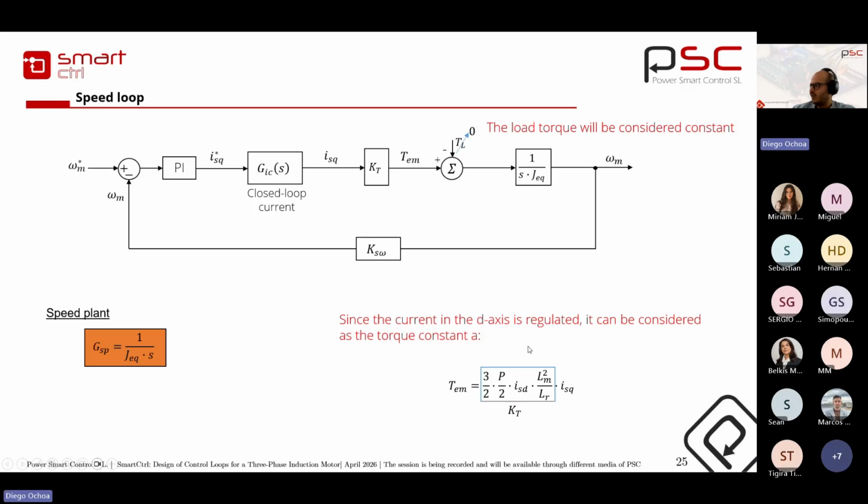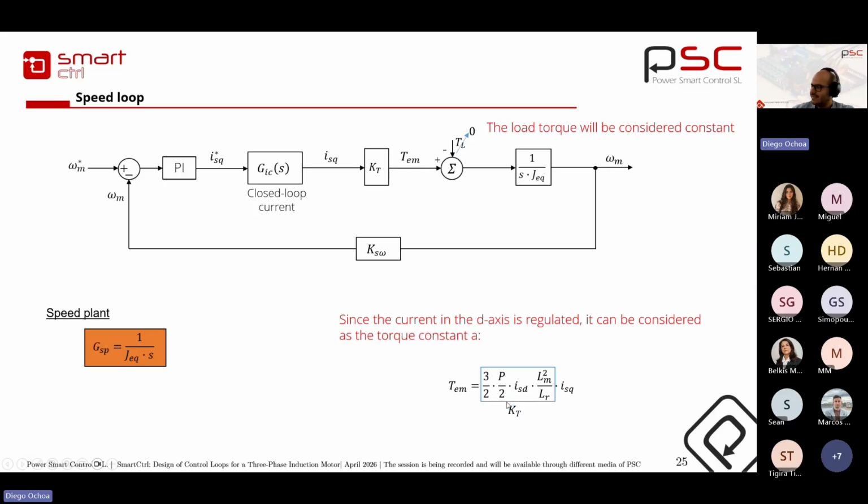The main idea here is that the D-axis will start first, and then after some time you can impose some speed reference. When you impose a speed reference, these parameters will already be stable, so you can consider all this part like a constant.